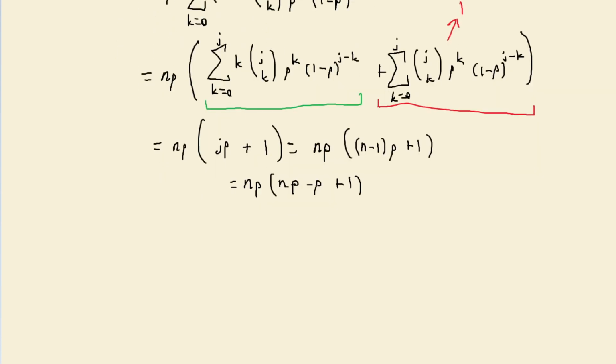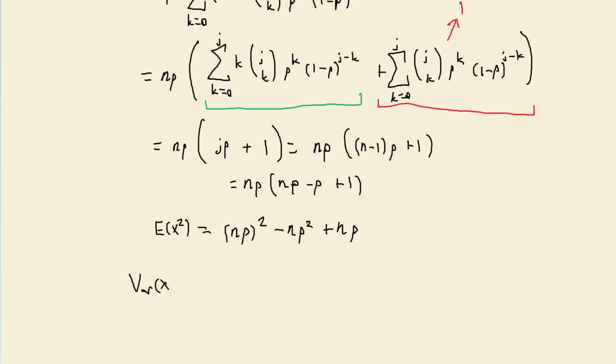And all of that is just going to be equal to np squared minus np squared plus np. And so let's remind ourselves here that this is equal to the second moment. And so what we have just computed is the second moment.